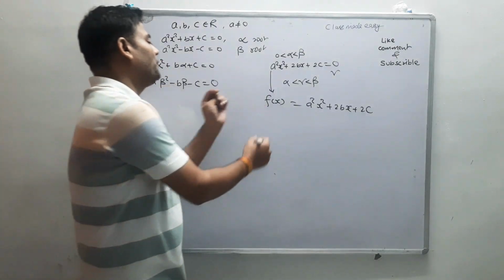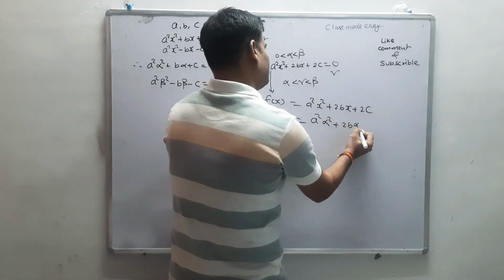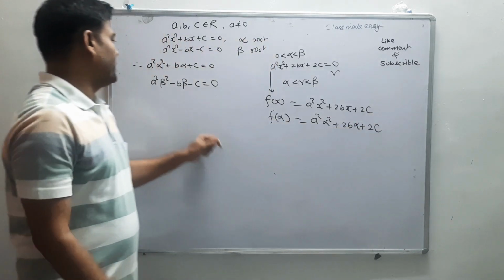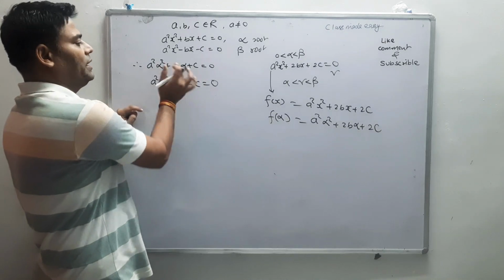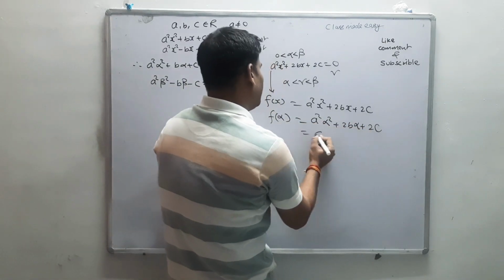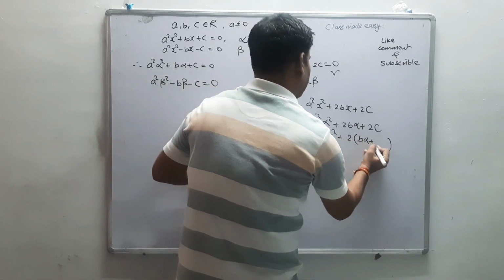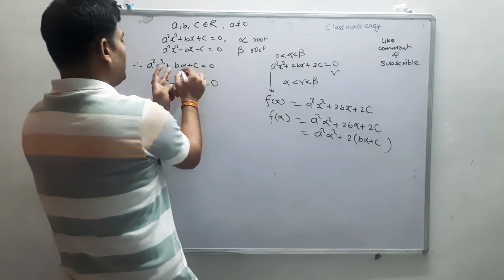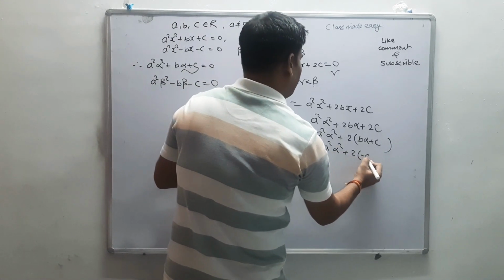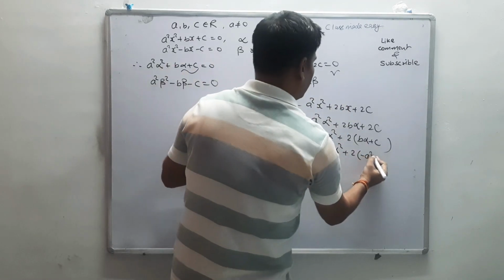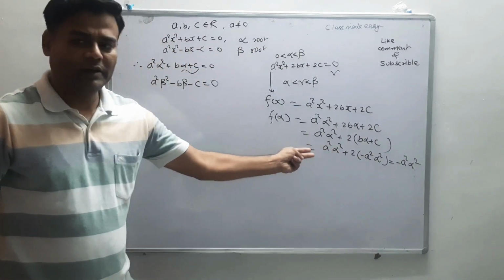So if I put alpha here, it is f(alpha) = a²α² + 2bα + 2c. Taking 2 common, and putting bα + c = -a²α² from the first equation, it is a²α² + 2(-a²α²), which is -a²α².